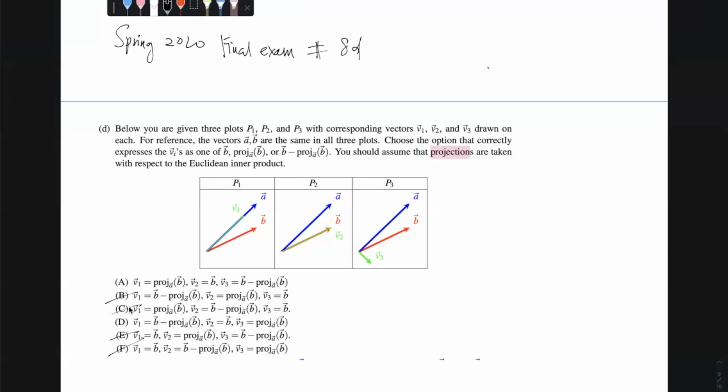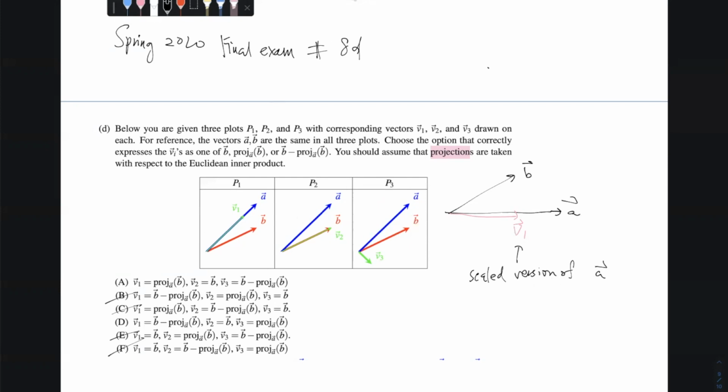The difference between A and D is that one names V1 as a projection of B onto A, while the other says vector V3 is equal to the vector B minus the projection of B onto A. This is flipped from the format that we used earlier, but if we do flip it, we see that V1 is a scaled version of vector A. And usually that means that A is the vector that's being casted on.